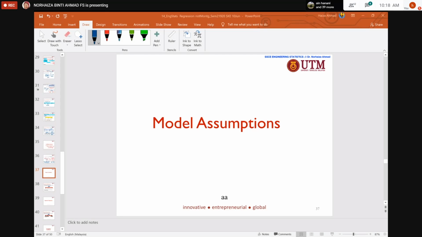Question on regression. Please practice. I'll do semester 1, 20 question on regression.